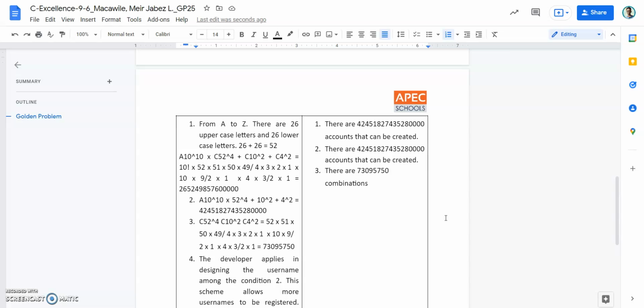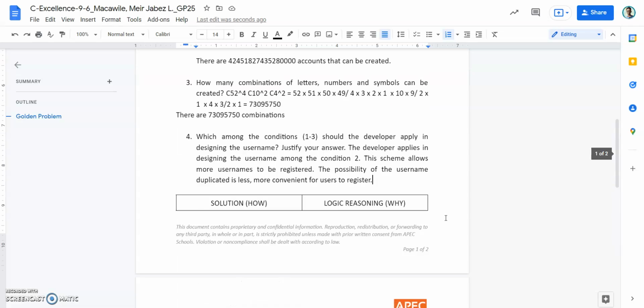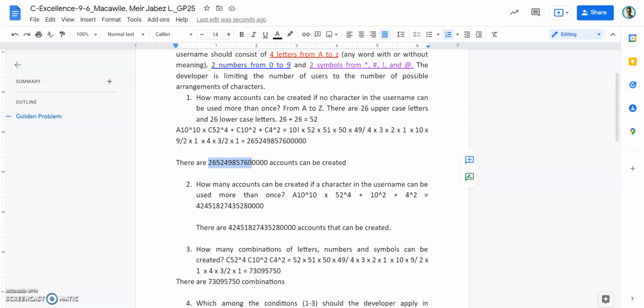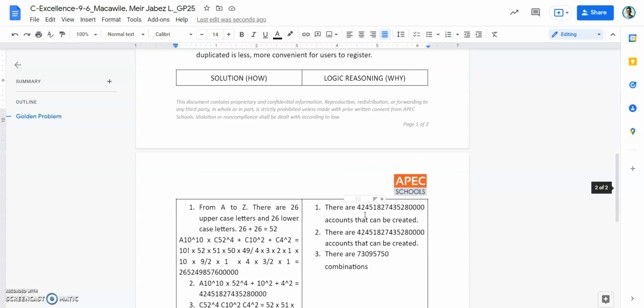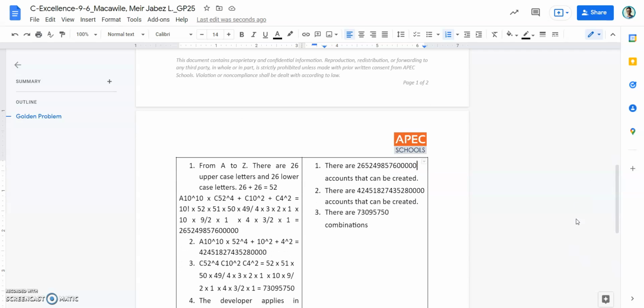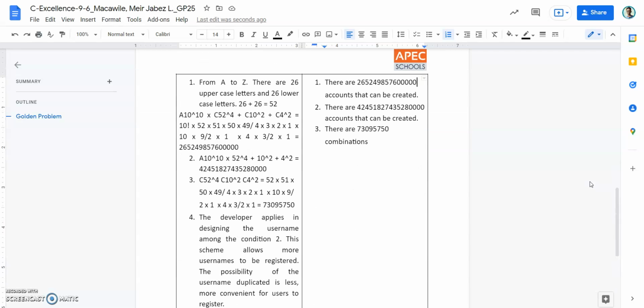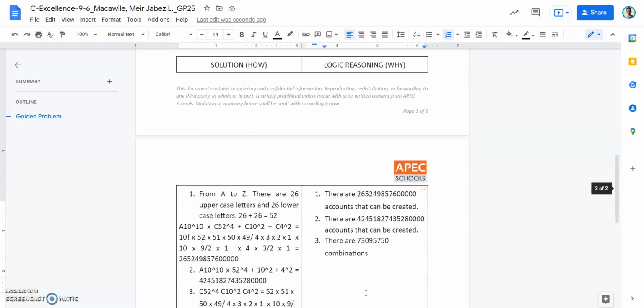Number 2, sorry, 26 trillion accounts that can be created, and number 2 is there are 42 trillion accounts that can be created, and number 3 there are 73 million combinations. So this means number 4 doesn't have another logic reasoning.